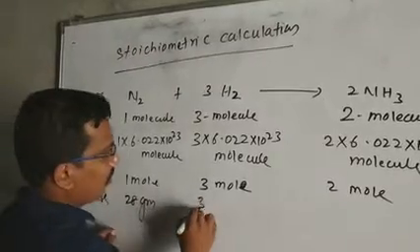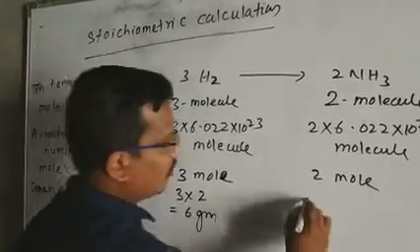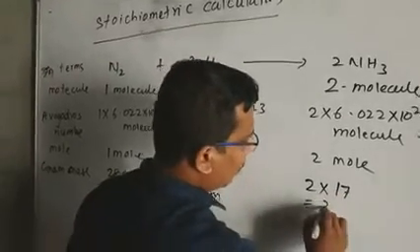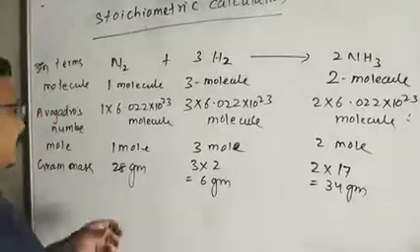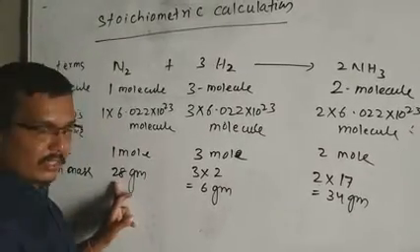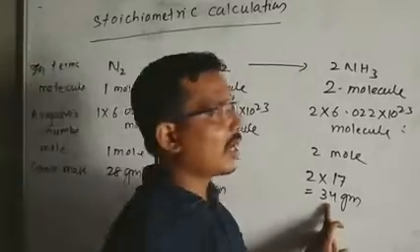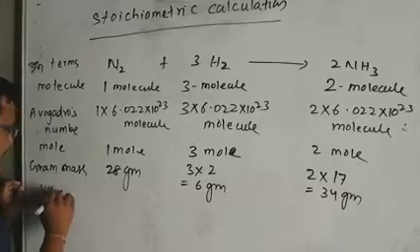Next is 3 into 2, that is 6 gram. Next is 2 into the molecular mass of NH3, which is 17, that is 34 gram. This is the mass relationship. That means if you take 28 gram of nitrogen, it needs 6 gram of hydrogen to form 34 gram of ammonia.